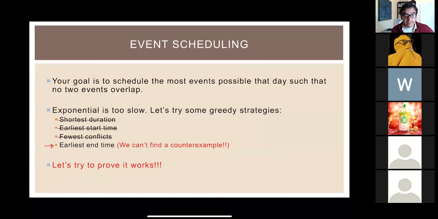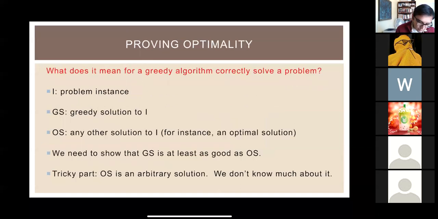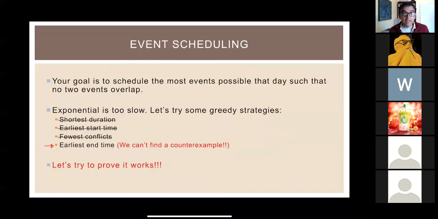At this point, we want to see if we can prove it. Next time we'll be talking about proving the optimality of a greedy algorithm, and we'll look at 2 or 3 different ways of doing that.